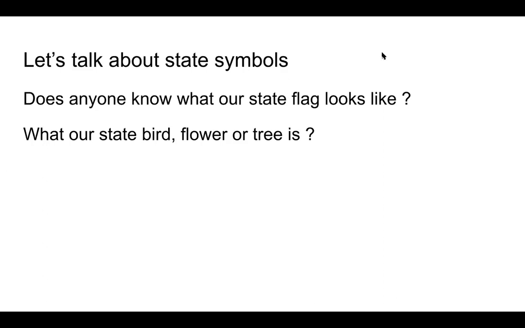All right, so let's talk about state symbols. It's a good time to ask if your student knows what our state flower is, or state tree is, or the state bird. When I did this lesson this morning, lots of people knew that our state flower was the California poppy. So that was good. The state tree is the California redwood, and our state bird is the California quail. So your student might think that it's the bald eagle.